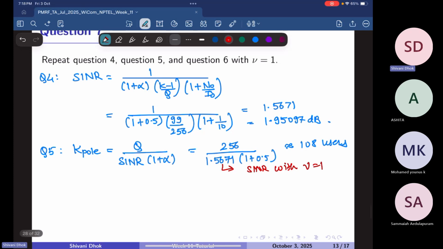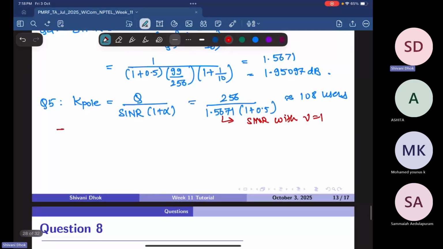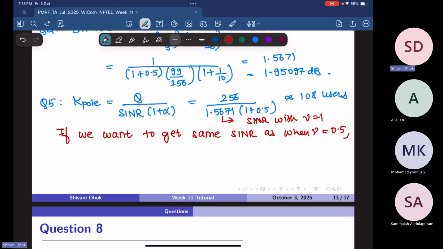So here we have used the SINR with nu equal to 1. Now if we want to get the same SINR as when nu was equal to 0.5, but with nu equal to 1, we will get k pole equal to 256 upon SINR.